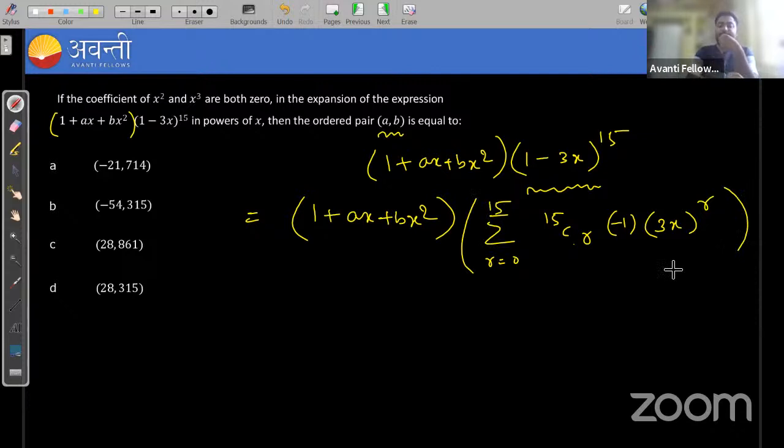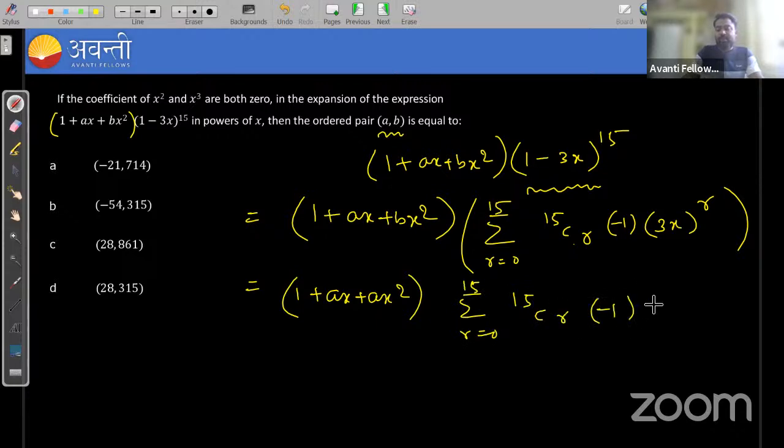Now we need to find the coefficient of x square and the coefficient of x cube. So we will simplify further: (1 plus ax plus bx square) into the summation r equal to 0 to 15 of 15Cr into (minus 1) to the power r into 3 to the power r into x to the power r.